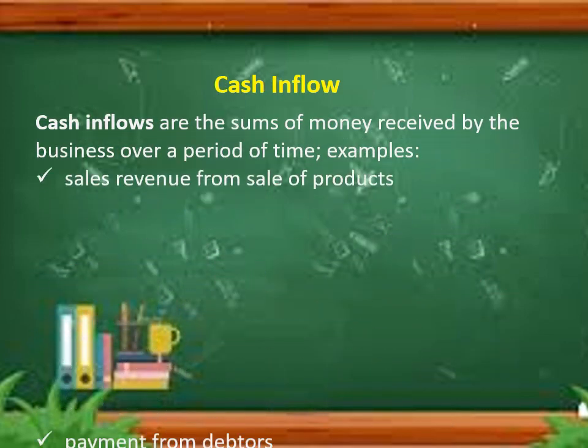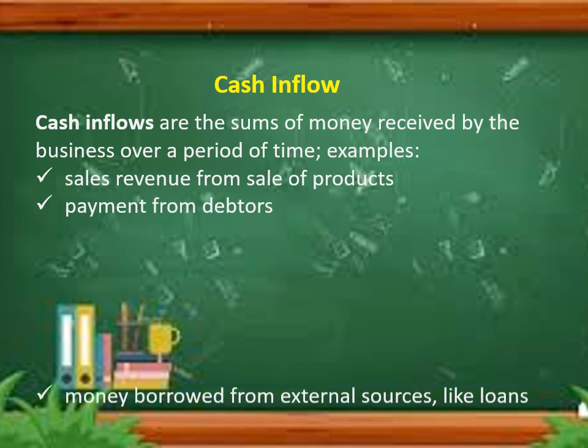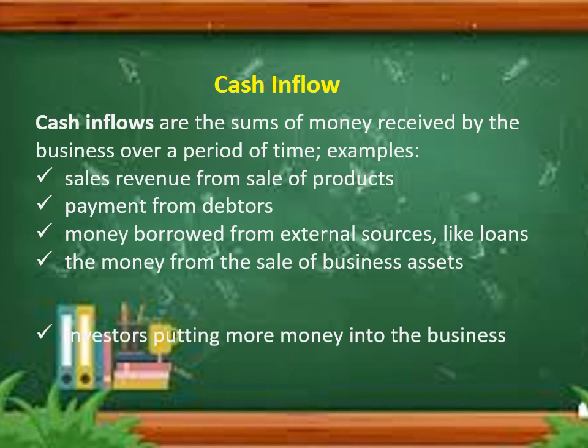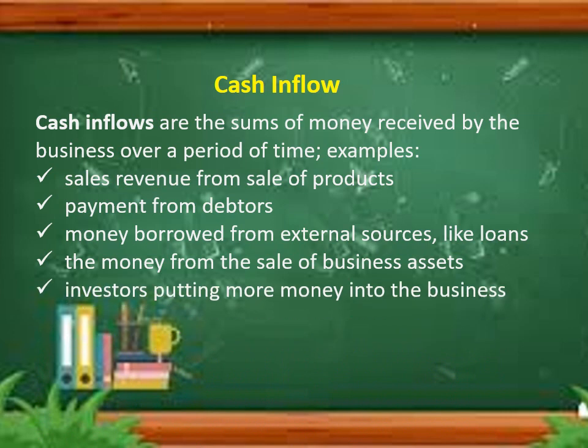Once again, to reinforce, there are different examples of cash inflows for a business, which may include sales revenue, payment from debtors, money borrowed from external sources like bank loans, the money from the sale of business assets. Sometimes businesses have to sell their assets to generate cash. Investors putting more money into the business, that is the increase in the owner's equity.